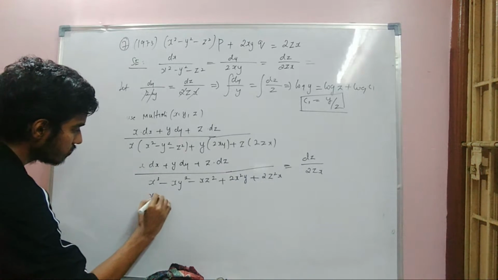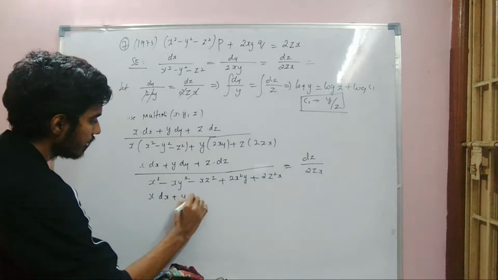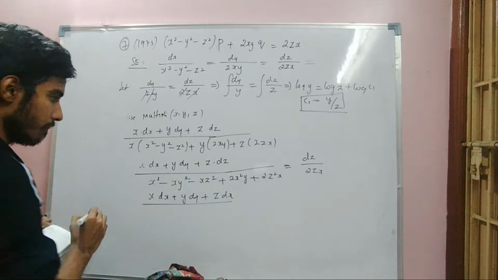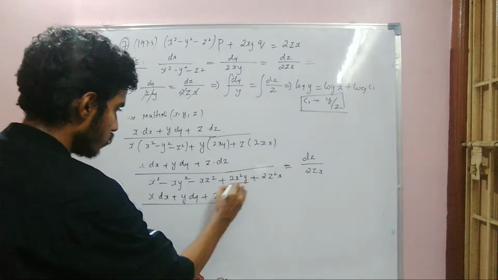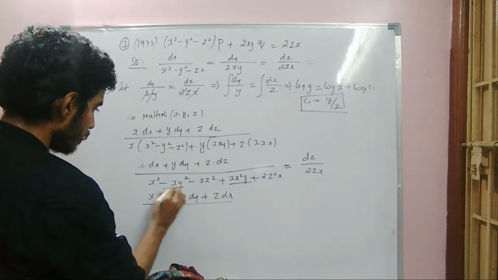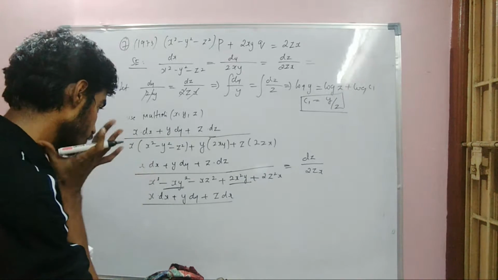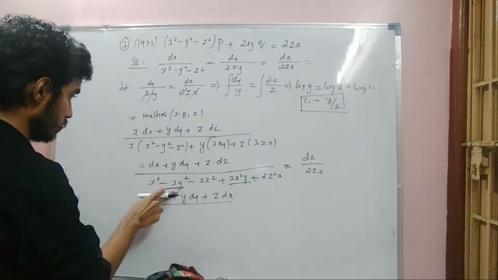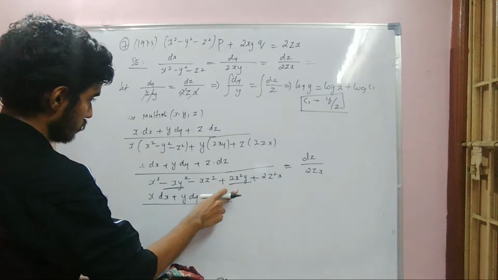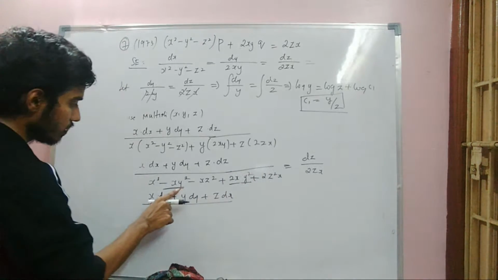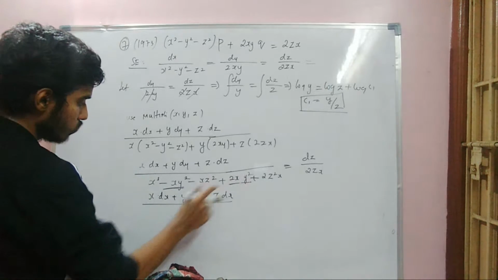Now if I add this, we will have x dx plus y dy plus z dz divided by 2x square y minus this xy square. Now I can add minus xy square and plus 2xy square.